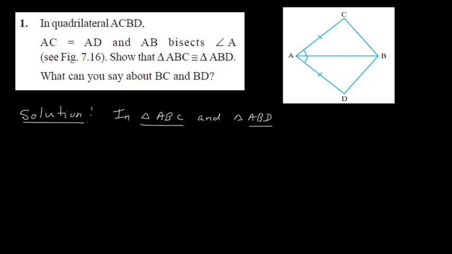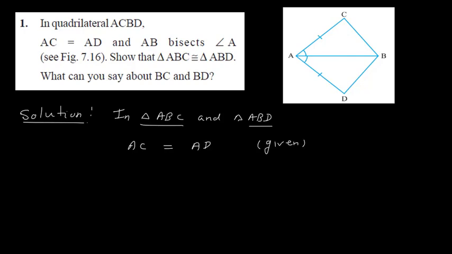Once I understand it on the diagram, I have to put the same thing in the solution. So I will say that in triangle ABC and triangle ABD, side AC is equal to side AD, this is given.